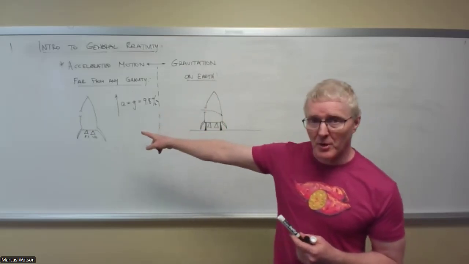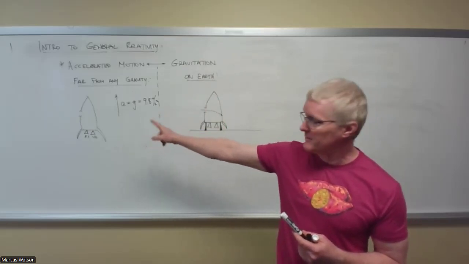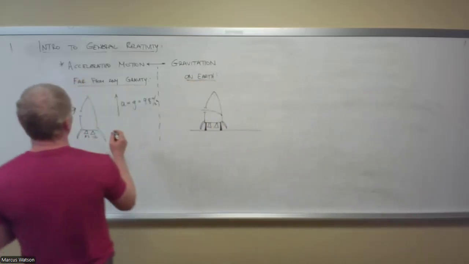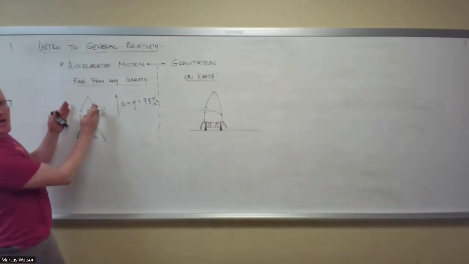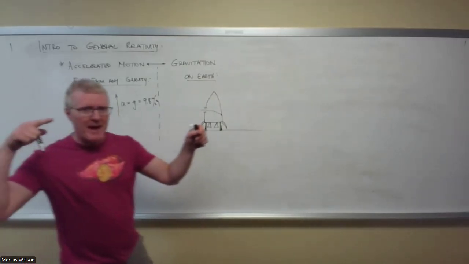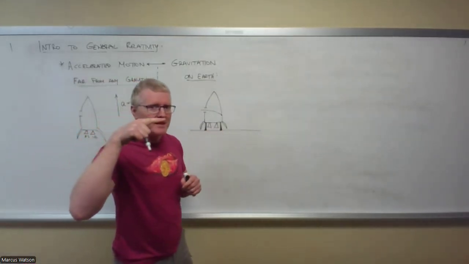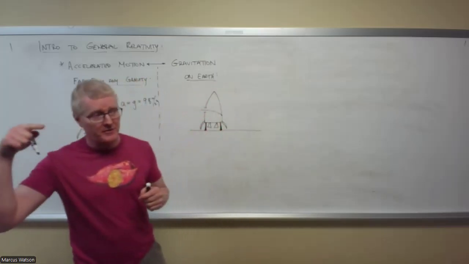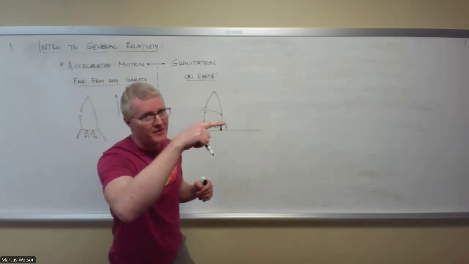So if a baseball comes through that window, since the rocket is accelerating upwards, the path of the baseball would be straight, right? Because we're far from any gravitational fields. So the path of the baseball is going to do this.